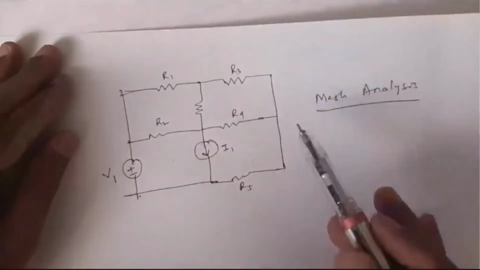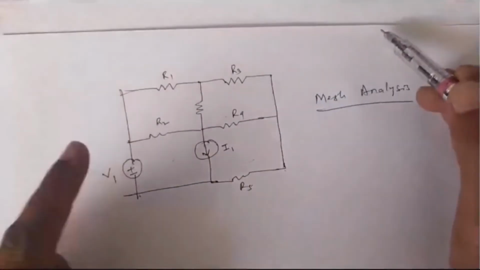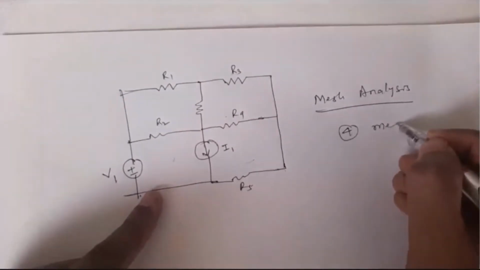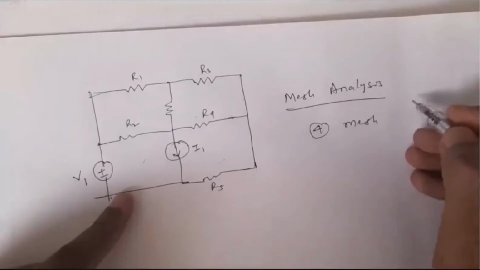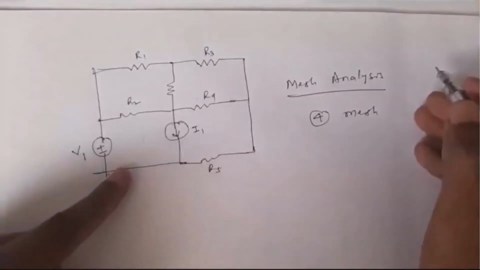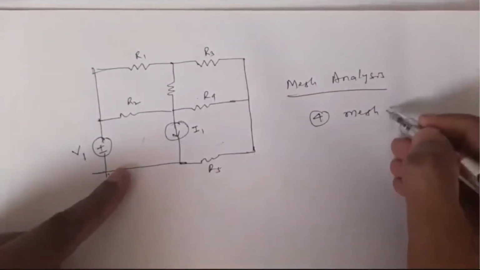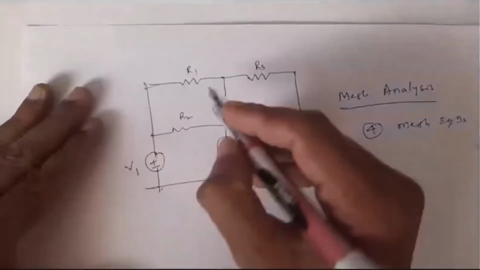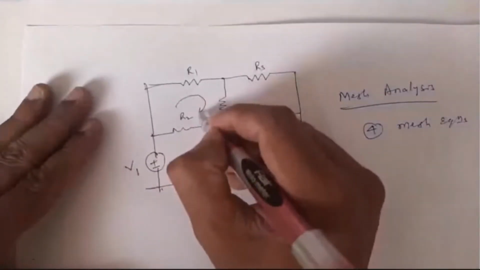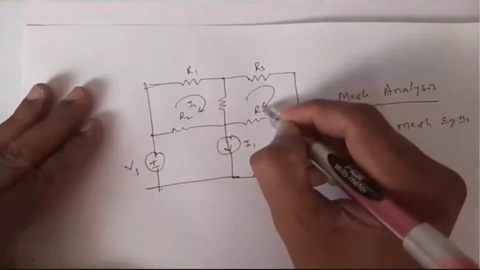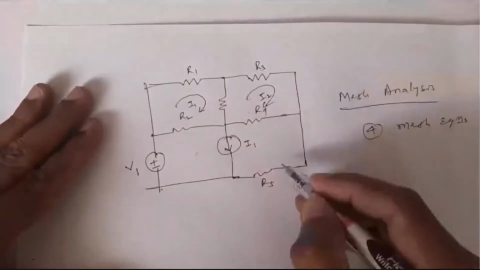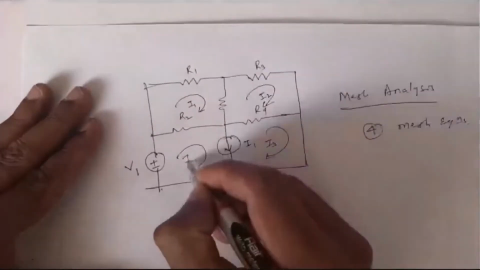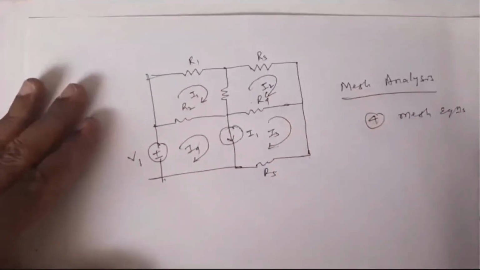To analyze this network, we require four mesh equations, since the number of mesh equations is equal to the number of meshes. Say this is mesh 1 with mesh current I1, this is mesh 2 with current I2, this is mesh 3 with current I3, and this is mesh 4 with current I4.